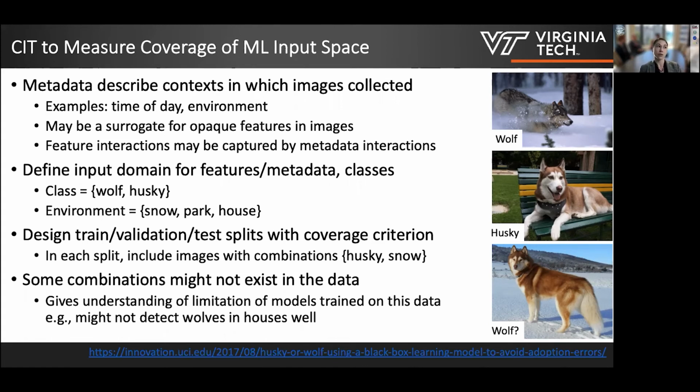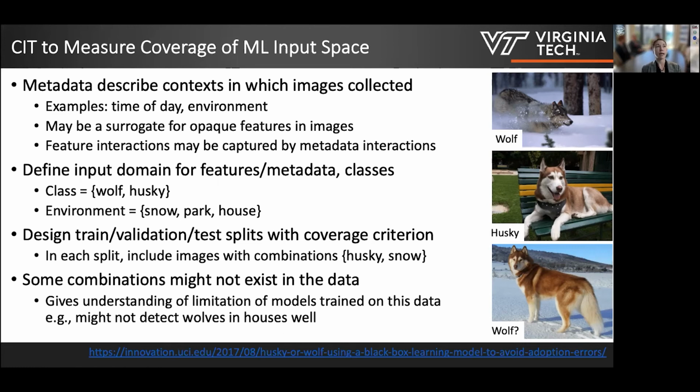Metadata might be a surrogate for the opaque features in the images themselves, and feature interactions might be captured by metadata interactions. So you can imagine that if we have something in the images that's due to time of day causing changes in the lighting, and maybe the inside versus outside.